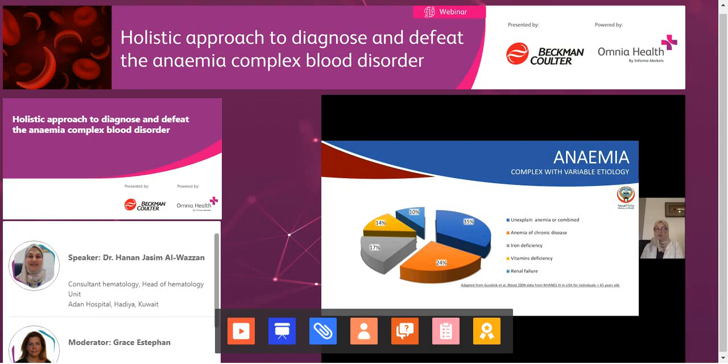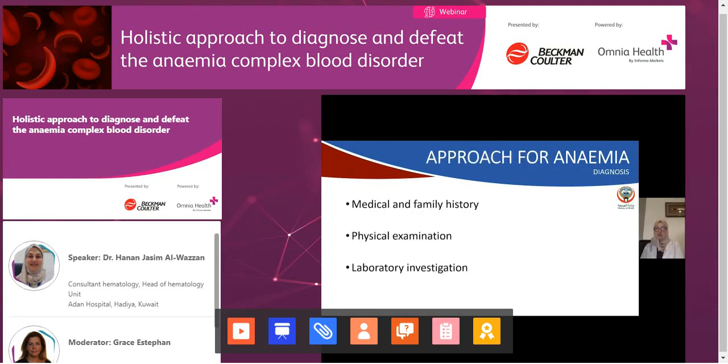So a wealth of information should be compiled from a variety of sources, especially from laboratory testing. So we start the diagnosis of anemia by extensive medical history, family history, physical examination, in addition to laboratory investigation.